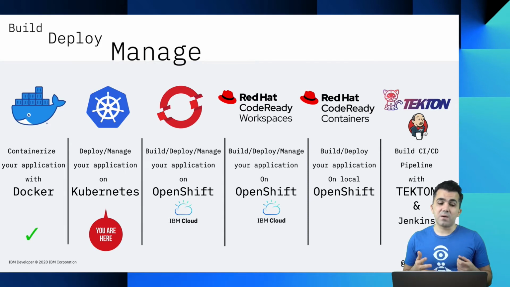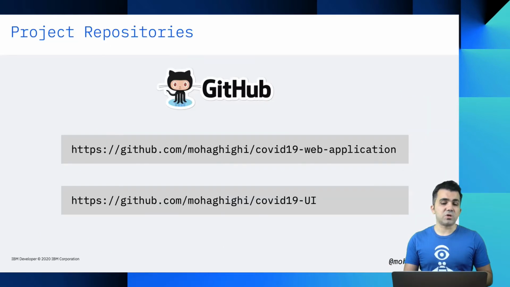application with Kubernetes. As a reminder, all the steps taught in this course are generic and applicable to applications developed in any programming language or platform, but to simplify our journey and make it more use-case oriented, our course is designed around this COVID-19 data analytics application, which is available from these GitHub repos.